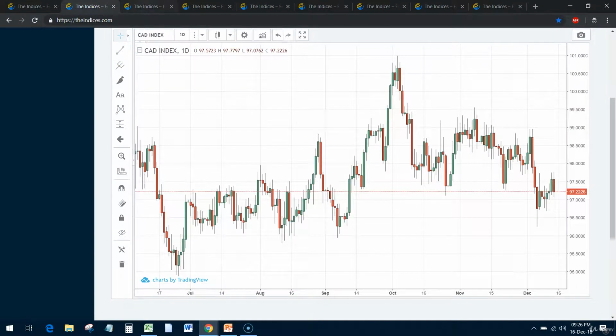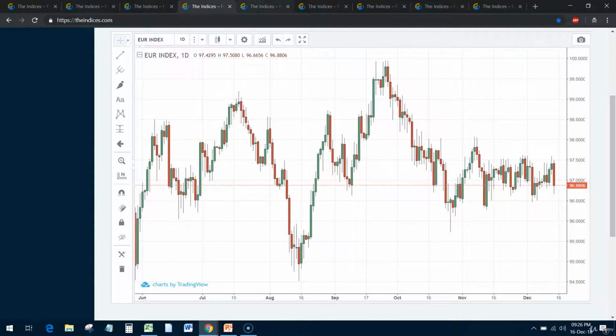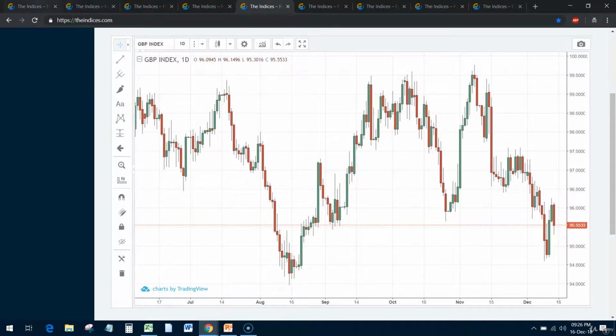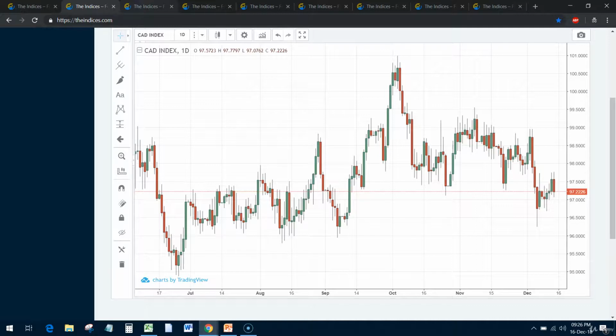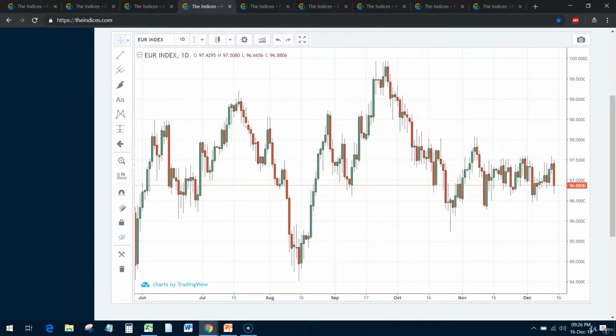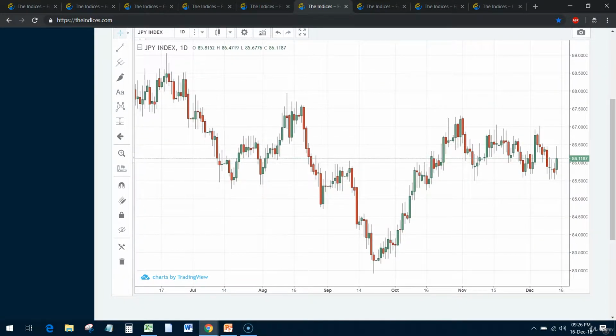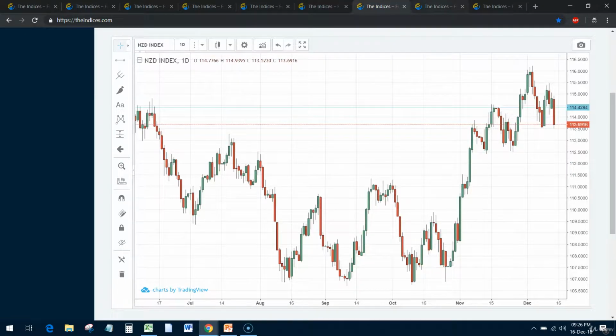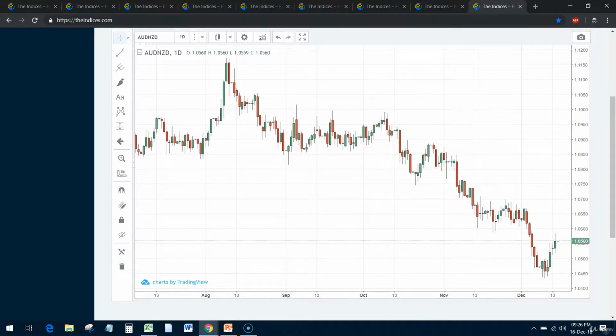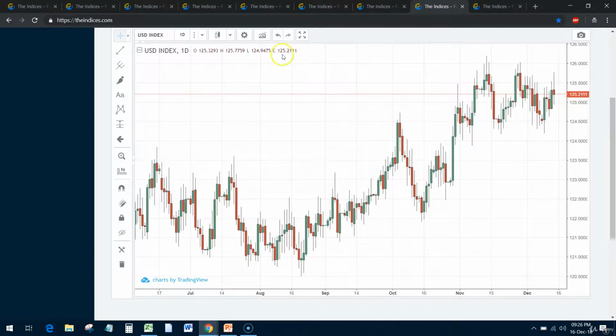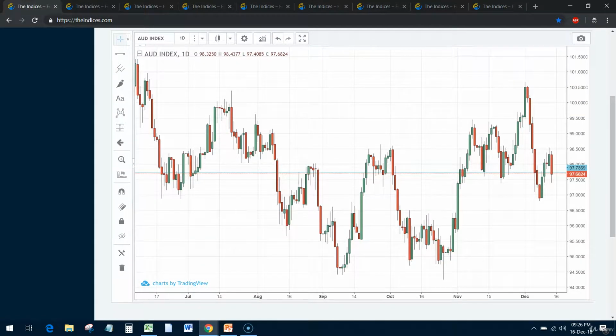And I have done that for all the major 8 index groups: the Australian dollar, Canadian dollar, the Swiss franc, Euro index, GBP index, Japanese yen, New Zealand dollar, US dollar, and finally in the end I have the currency pair open. So I'll tell you step by step how to trade using these Forex indices. Okay, and let's take a look.